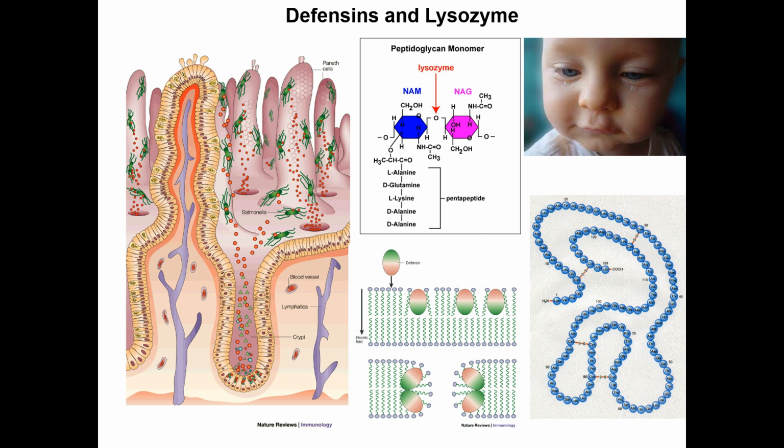You have your defensins, you have lysozyme, so you have antimicrobial peptides that function in destroying microorganisms. Lysozyme targets the N-acetylmuramic acid and N-acetylglucosamine, the sugar components, the glycan component of peptidoglycan.